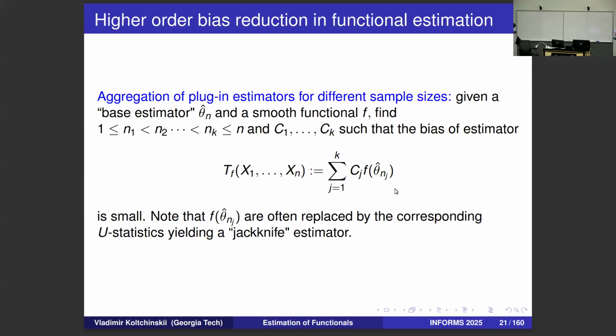And what we are trying to do is choose sample sizes and coefficients in such a way that the biases of individual plugin estimators essentially cancel themselves out, okay? So that's the trick here. We are trying to cancel out these biases and create a linear combination like this that would have small bias and decent concentration properties, okay?